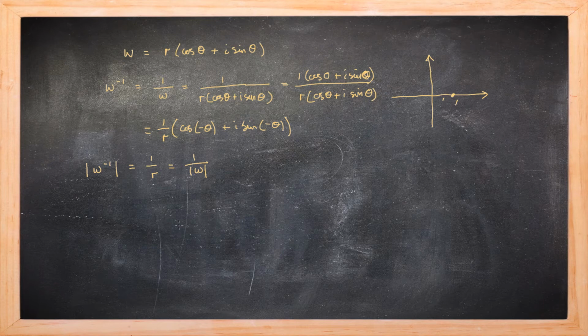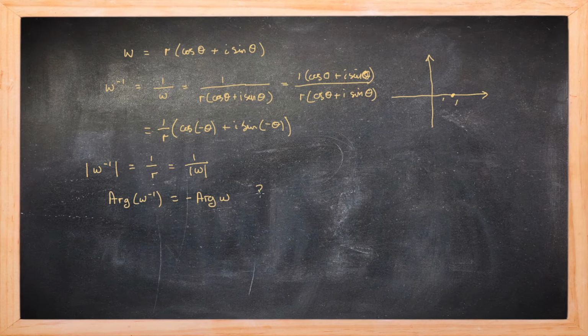So let's have a look at arguments now, and we can see that the argument of the reciprocal of w is negative of the argument of w. Negative of that theta.